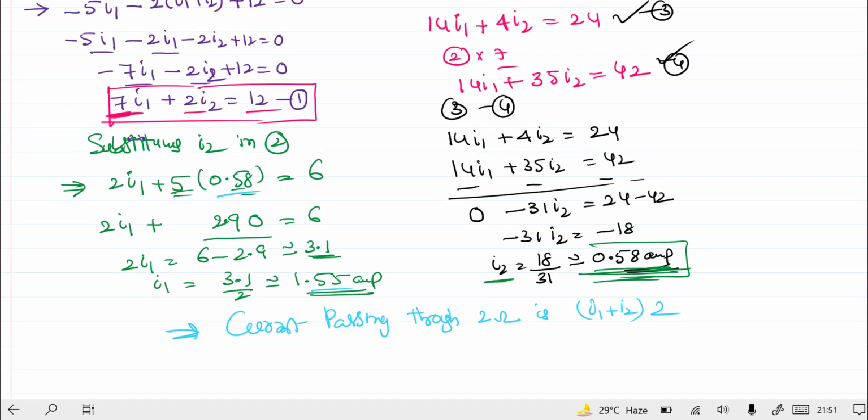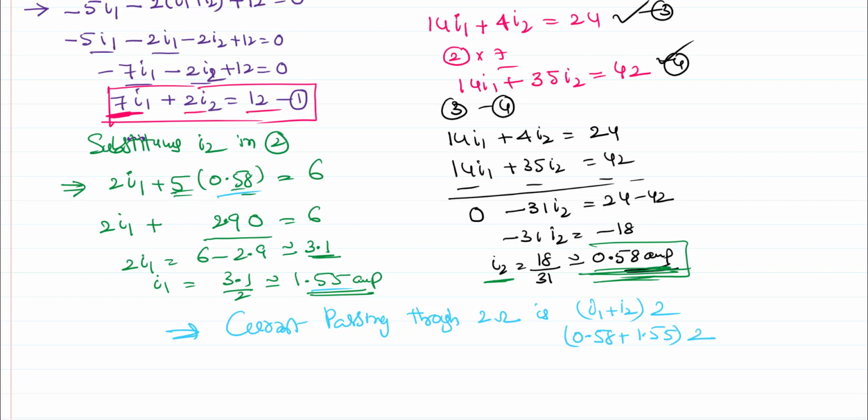So what happens to the value? 1.55 plus 0.58 is 2.13. 2.13 multiplied by 2 is approximately 4.26 ampere.